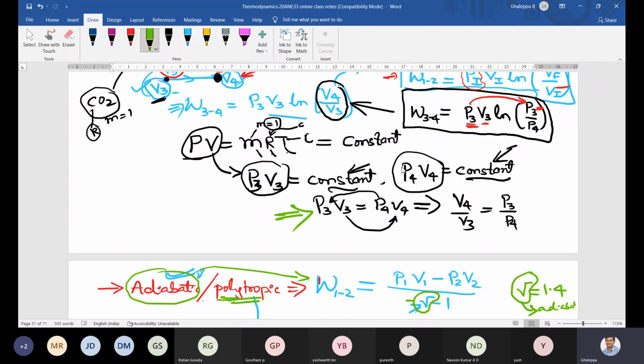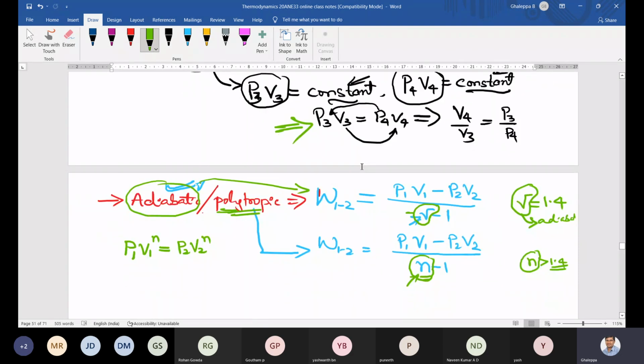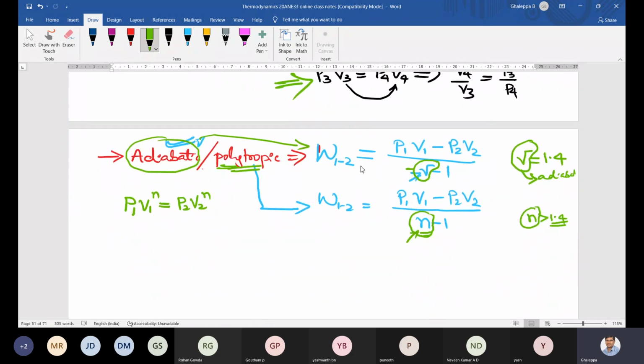In this equation, gamma will not come into the picture, but in the denominator for adiabatic, only gamma will come. So these four values will be given: P1, P2, V1, V2. Substitute all four values and calculate n. Then this n value you substitute here and calculate the expression for work done.